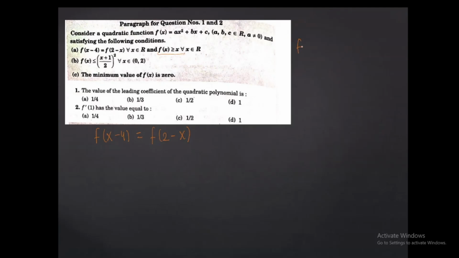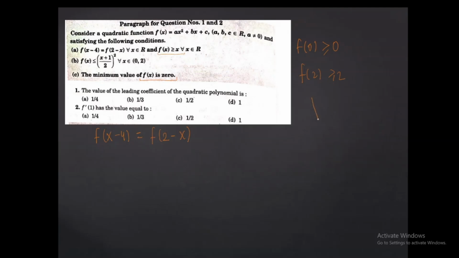What it means is that f of 0 will be greater than or equal to 0, and f of 2 will be greater than or equal to 2, right? So one thing you can see is that the minimum value of f of x is 0.